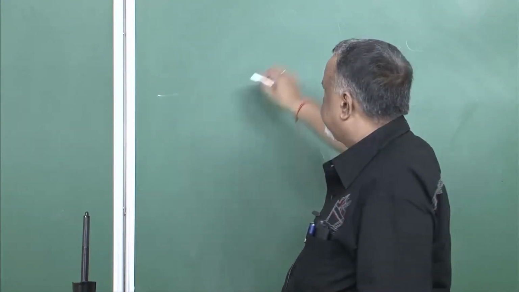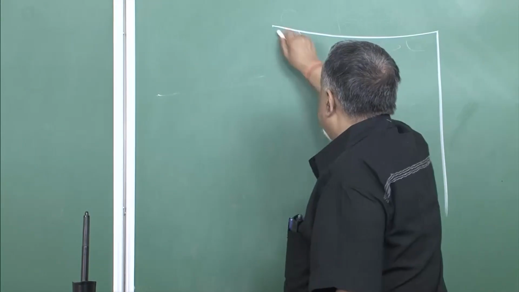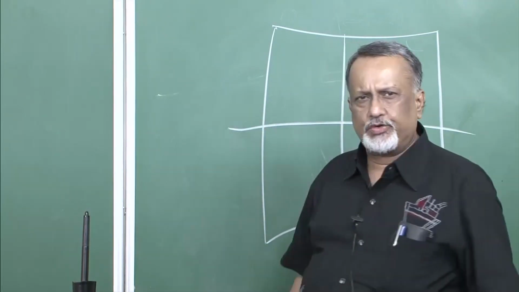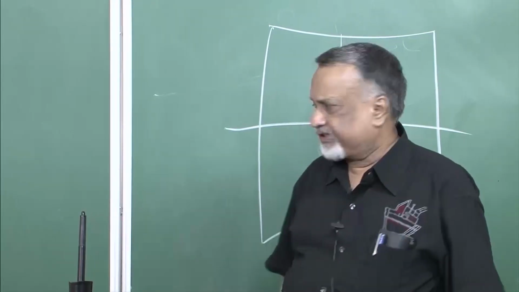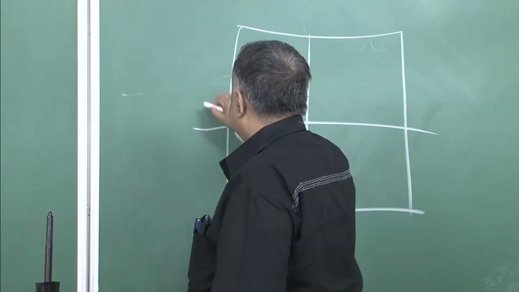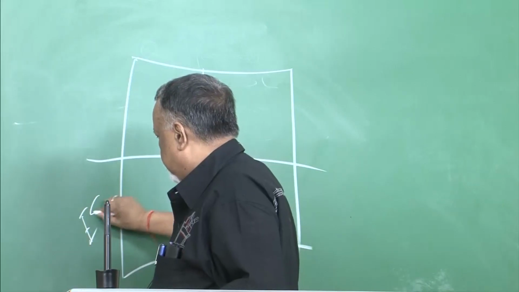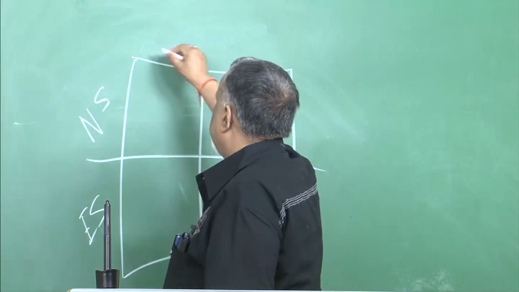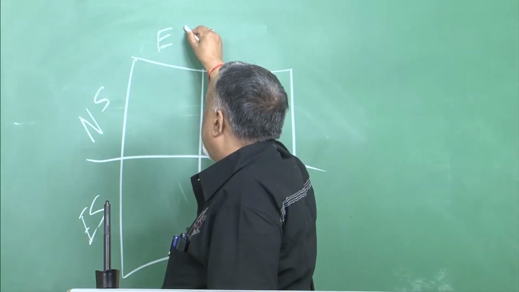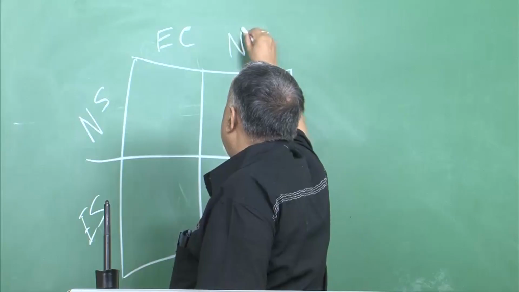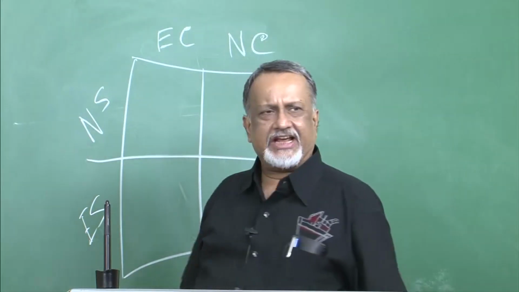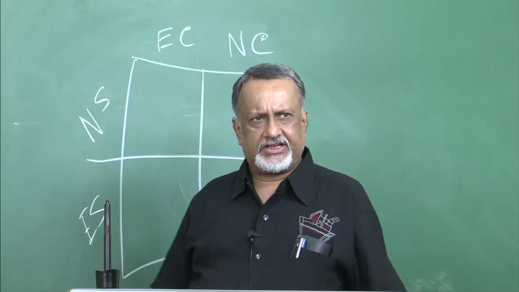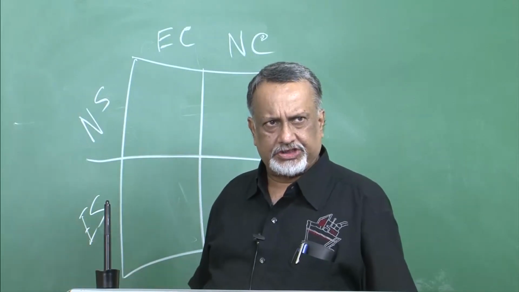Igor Ansoff had provided this very simple but very useful 2 by 2 matrix, and we call this the so-called ESNS and ECNC. This is the adapted for the service industry Igor Ansoff's original matrix.